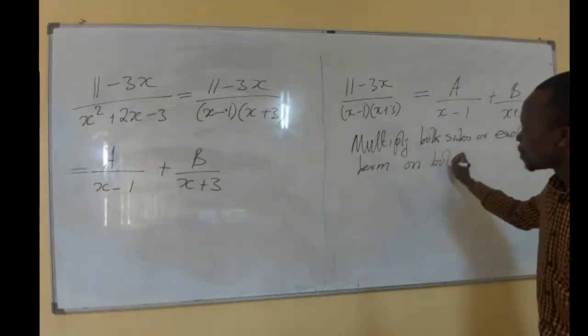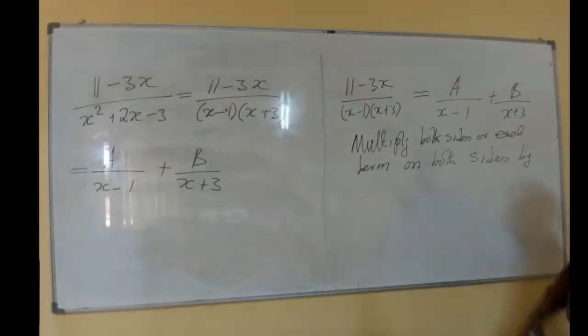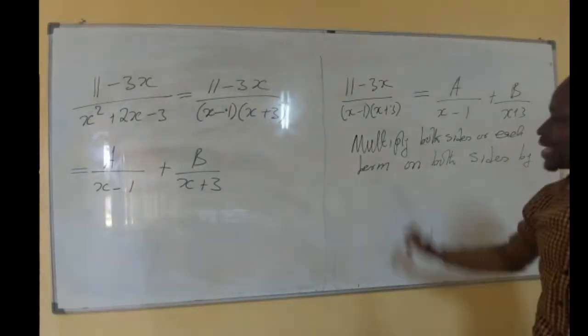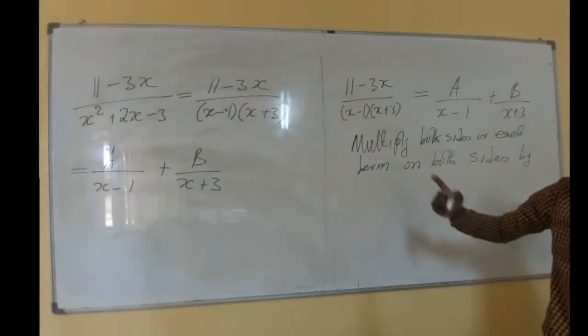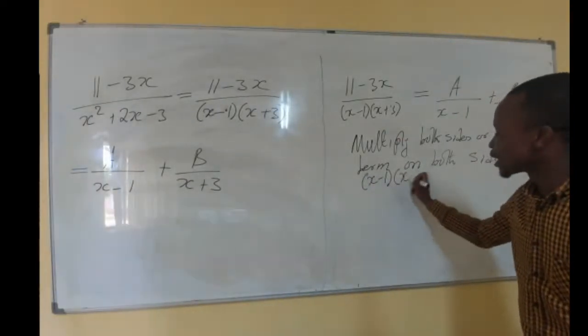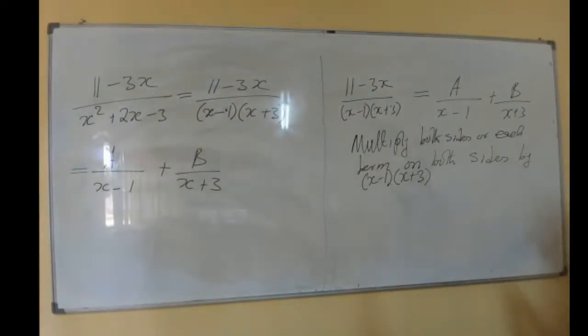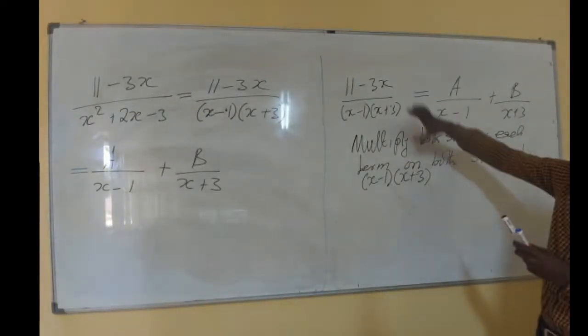by the original denominator, (x minus 1)(x plus 3). So we are going to multiply each term in this expression.